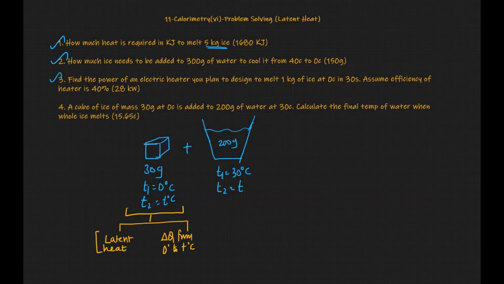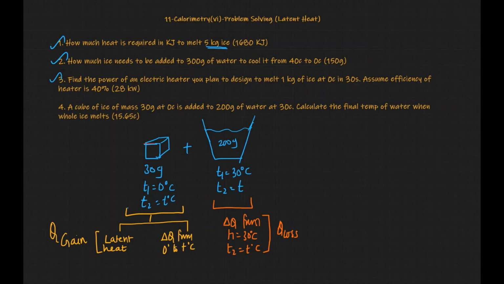So this would be the gain of the heat, and the loss would be on the other side, delta Q from T1 equal to 30 degrees Celsius to T2 equal to T degrees Celsius. So this would be the delta Q loss. Heat is lost here.